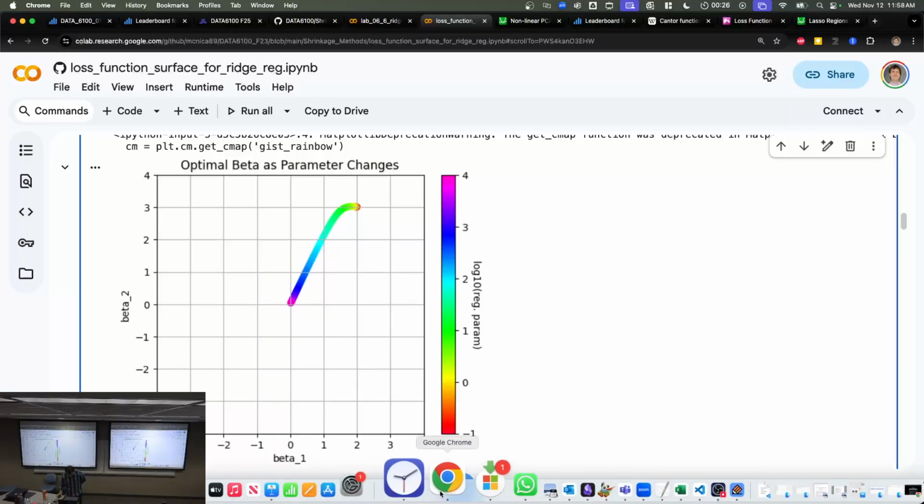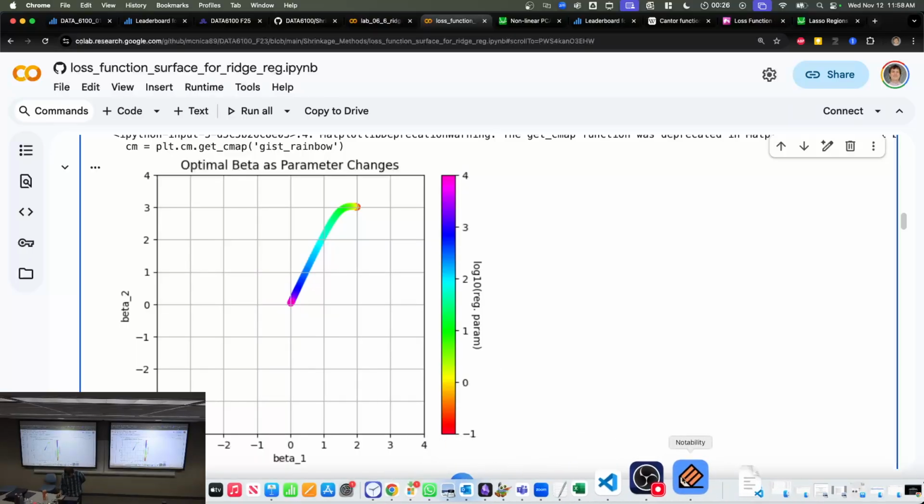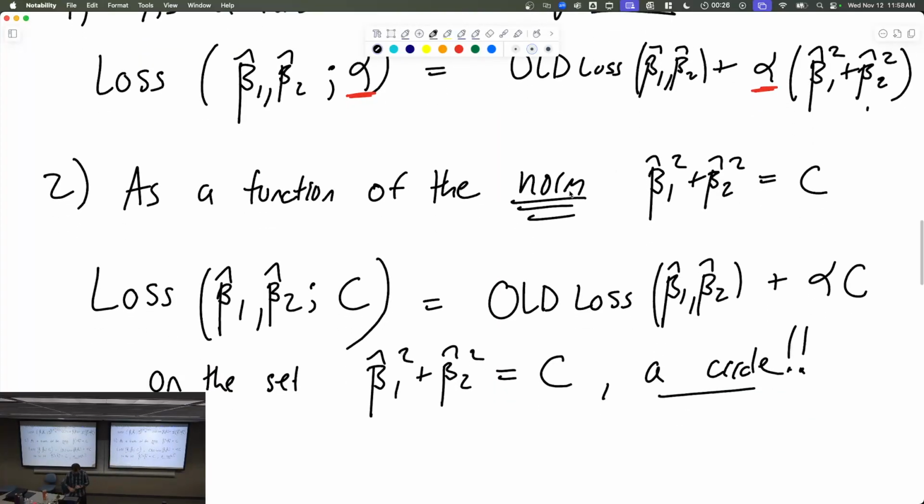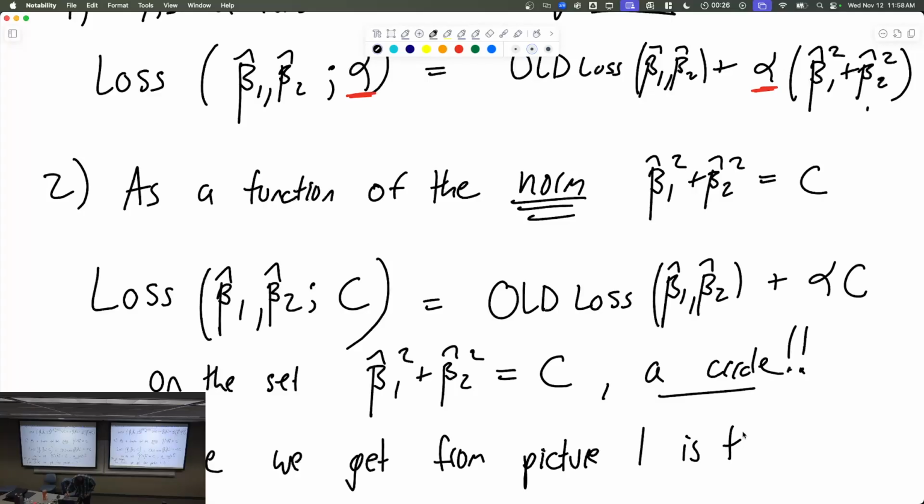So the dual view of optimization says that instead of treating alpha as the parameter, you can treat the value of beta hat 1 squared plus beta hat 2 squared as the parameter, and it's totally equivalent. So the curve we get from picture 1 is the same as for picture 2.